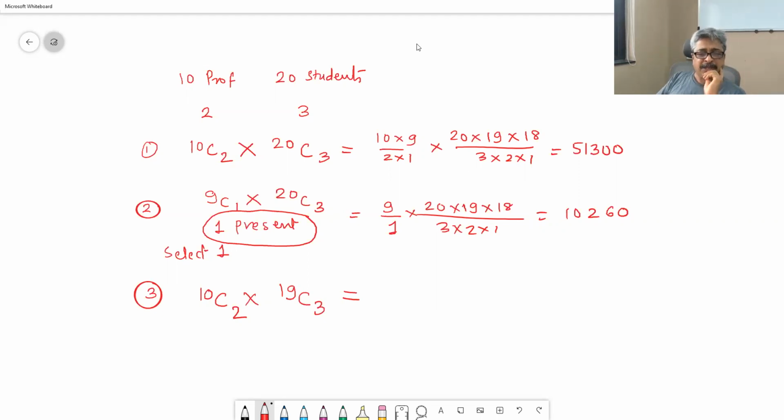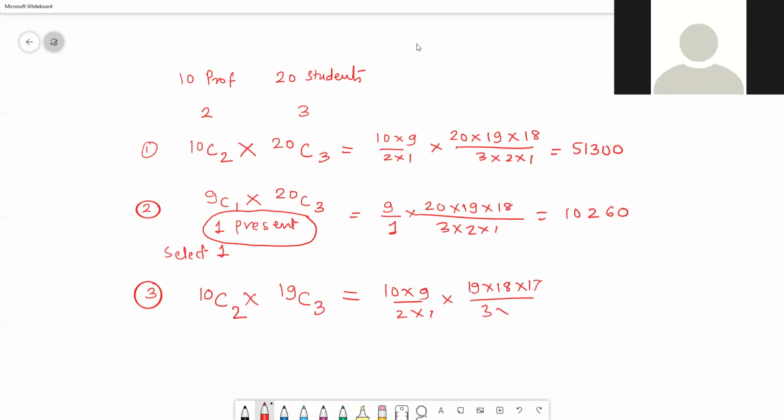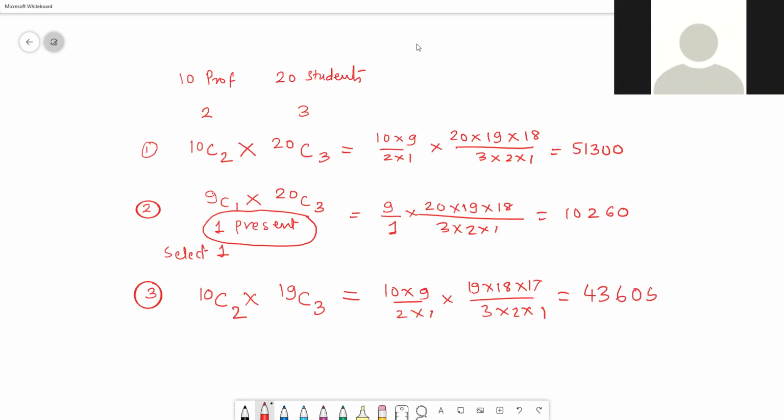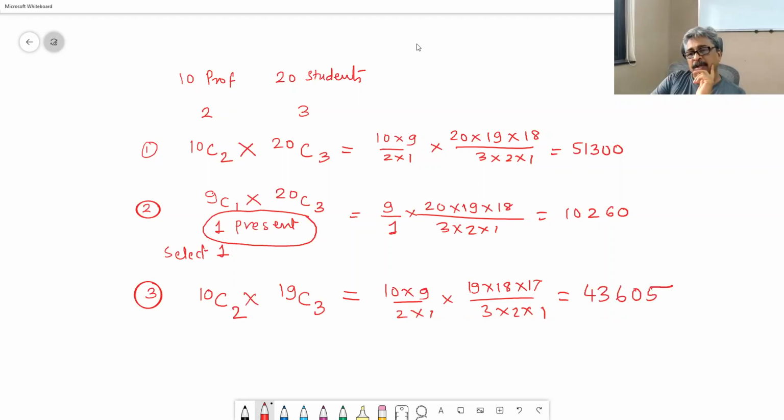That is going to be the answer: 10 into 9 upon 2 into 1, into 19 into 18 into 17 upon 3 into 2 into 1. That answer is 43,605. That is the solution of yesterday's problem.